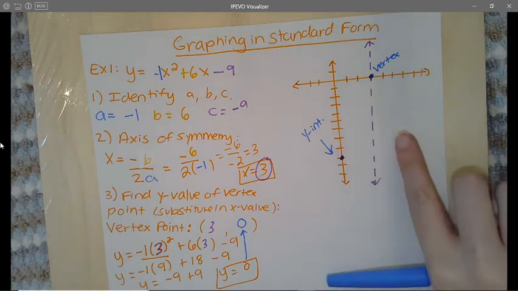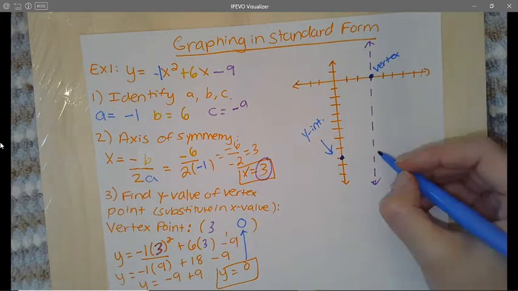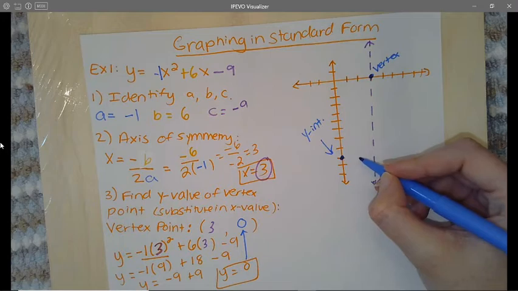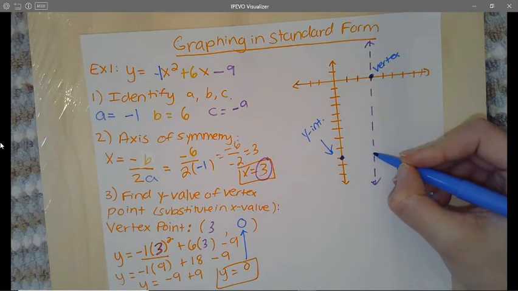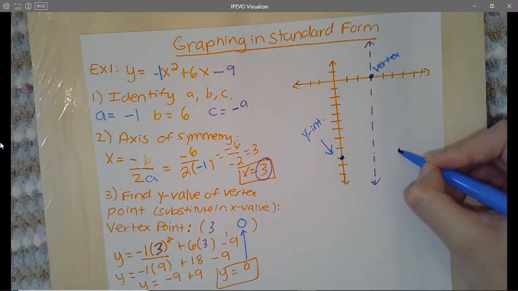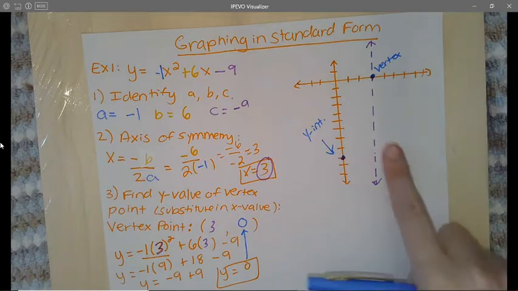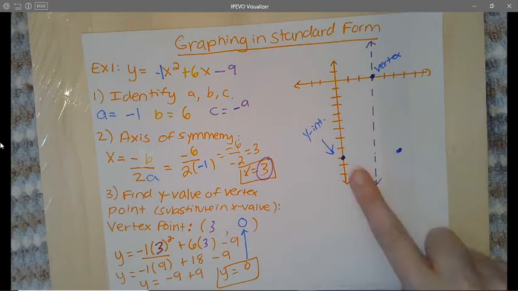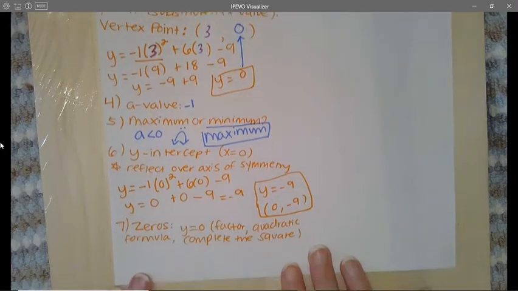So if I reflect it over this line, it'll be 3 spaces to the right of that line, in the same spot on my y. So I'm going to go down -9 and count 3 to the right. 1, 2, 3, bam. So I use my axis of symmetry to reflect my y-intercept over, and then I have more points on my graph, which is pretty cool.